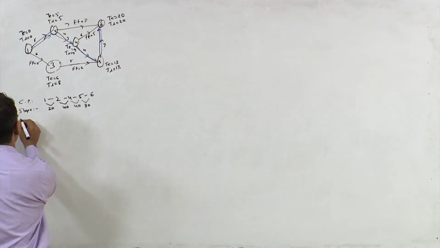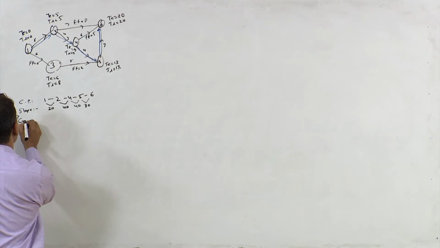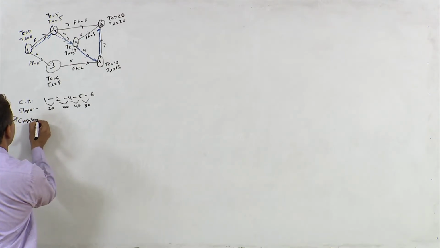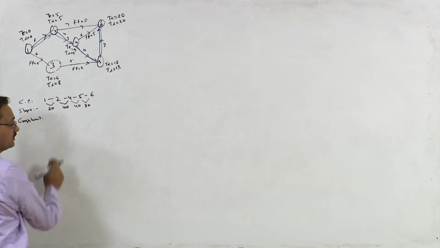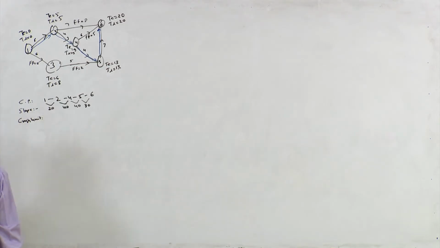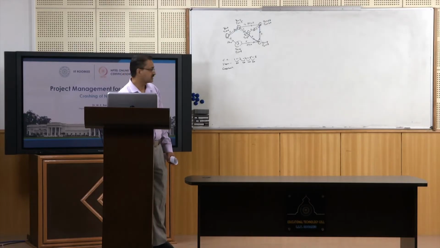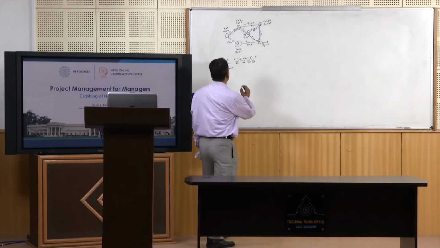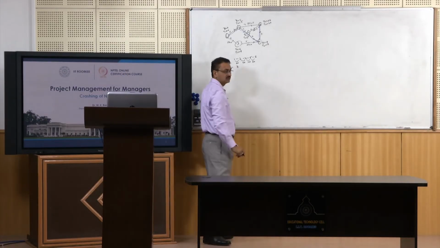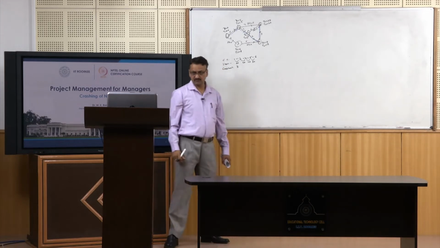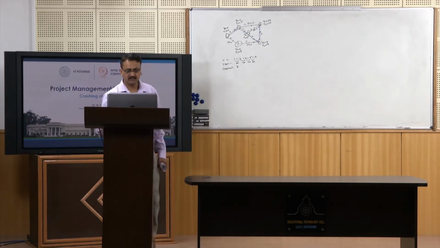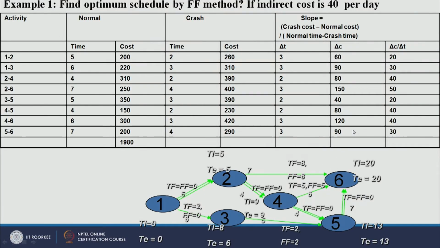Then you have to see their crash limit, right? Crash limit for 1, 2 is what? It's delta t, right? So for 1, 2 it is 3, right? For 2, 4, simply from the normal duration you subtract the crash duration, right?